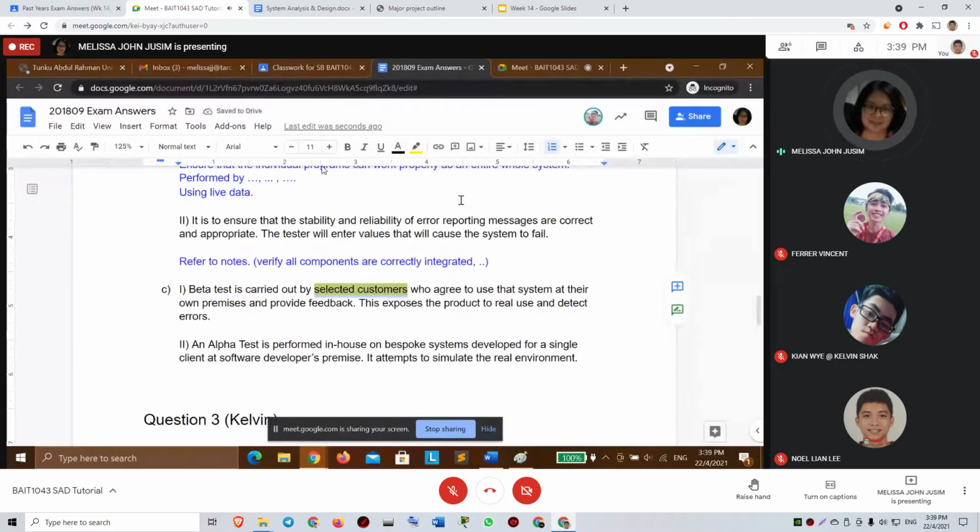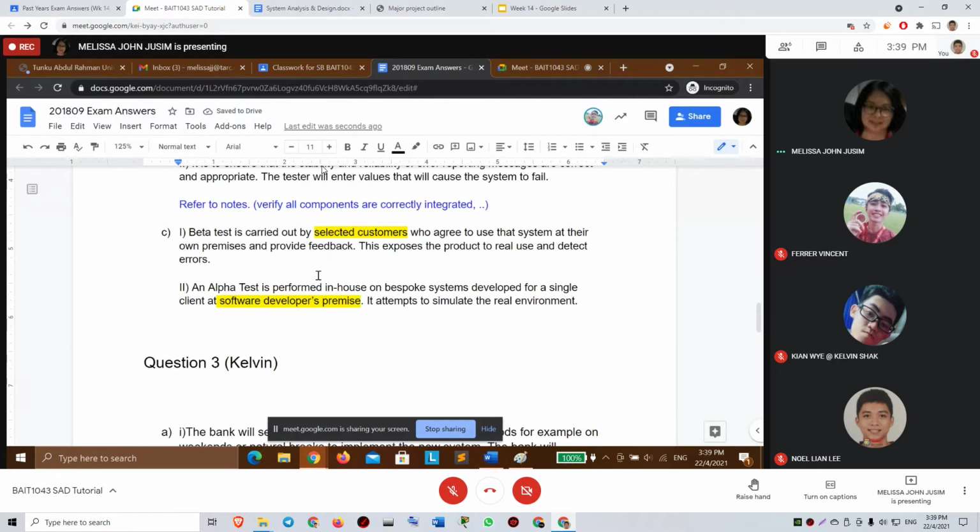And for alpha testing, normally it is performed at the software developer's premise, developed for the client. That's why it is performed in-house. Beta testing means more than one.